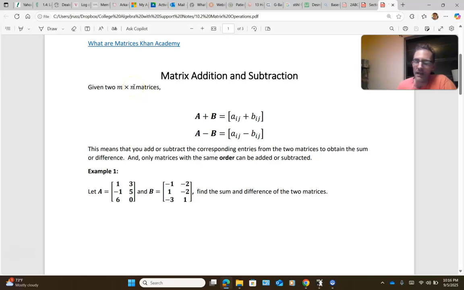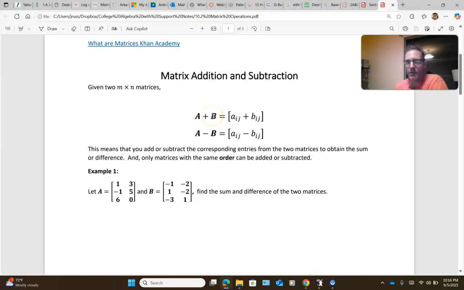They have to have the same order, guys, in order for us to be able to add or subtract them. This is the way addition and subtraction is defined for matrices. And also, if you recall, we like to utilize capital letters in referencing a matrix. So this is like matrix A plus matrix B.